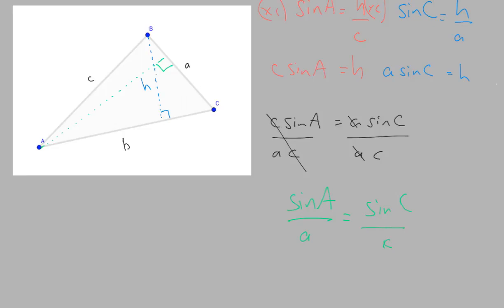I know I missed a little bit with where that 90 degree height should be, but if the height is there, then we would do the same process, and we'd be talking in this case about sine B and sine C, because those would be the two open angles. And this would eventually lead us to finding out that sine B over small b equals sine C over small c.